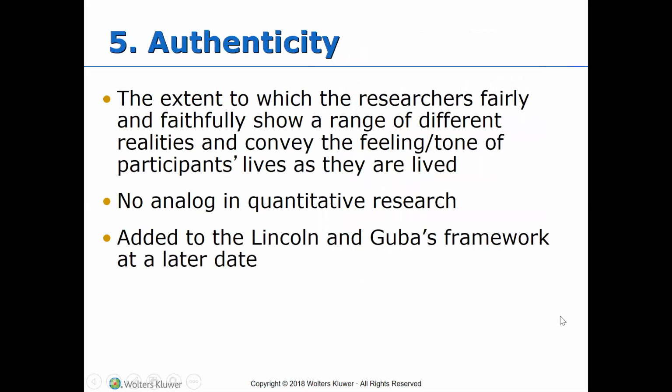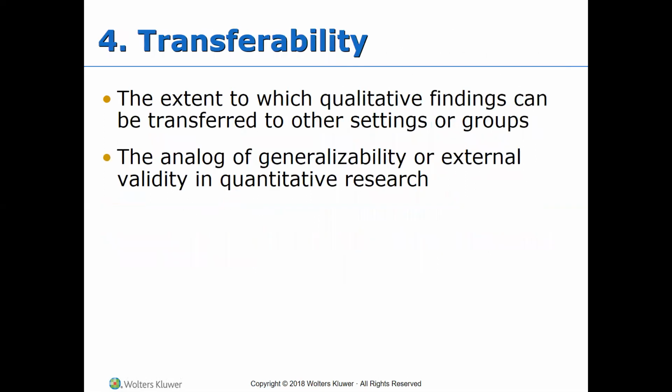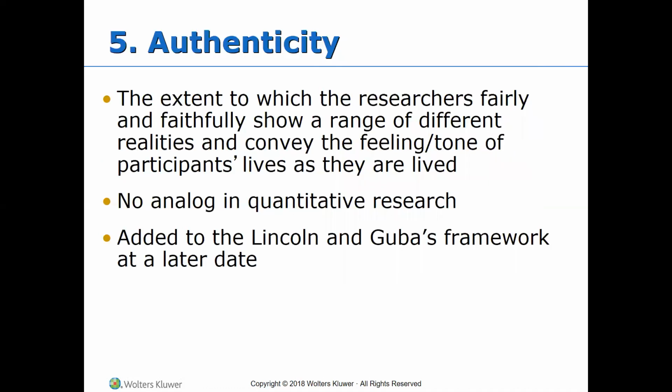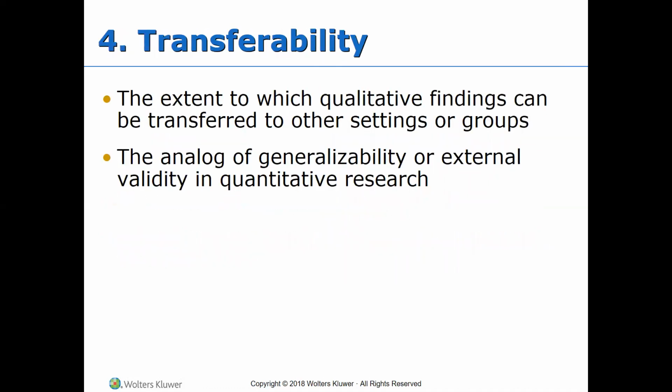So finally, 5 is authenticity, the extent to which the researcher fairly and faithfully shows a range of different realities and conveys the feeling and tone of participants' lives as they're lived. And so that authenticity was added to the framework. I think you very much can hear the authenticity through the quotes that the author selected. And then transferability.